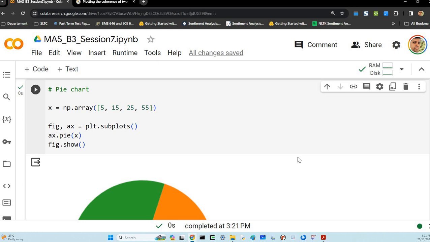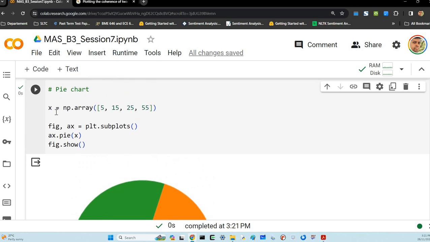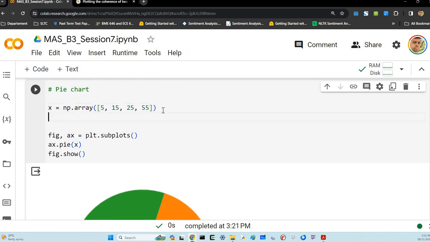Now you see here it's not very clear, no labels, nothing at all. If you want to have labels, you have to define another vector or a list. So let me put the labels as L.